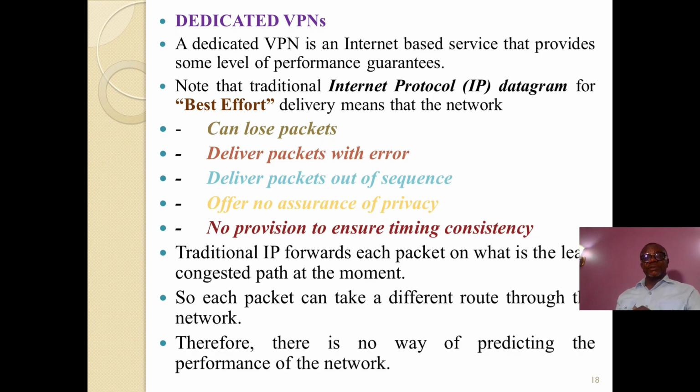Now, at the beginning of this lecture, we talked about best effort. We said that for just an internet consumer, best effort means that if he tries and he didn't receive, so be it. But if you are using it for commercial purposes, you can't say, if you try and you don't receive, so be it.